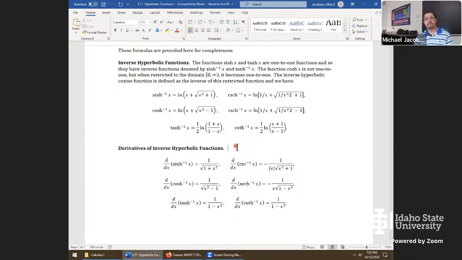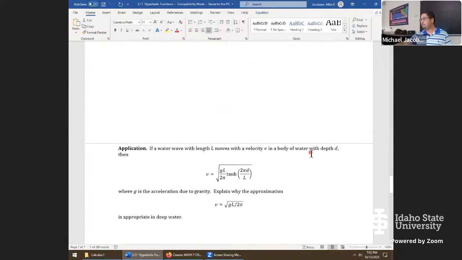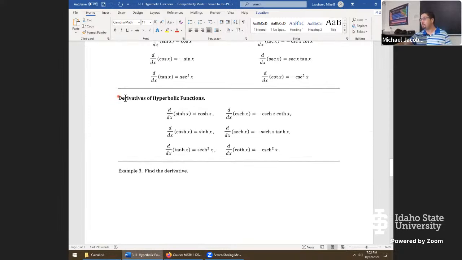But because this is optional reading, I'm not going to ask you to calculate the derivative of an inverse hyperbolic function without actually assigning one of these problems, which I haven't, or actually putting the formula on the exam itself. So these would be just, again, extraneous topics at this stage. The ones we should expect for derivatives would be these ones right here. So that's our new list. That's the organization of the notes.